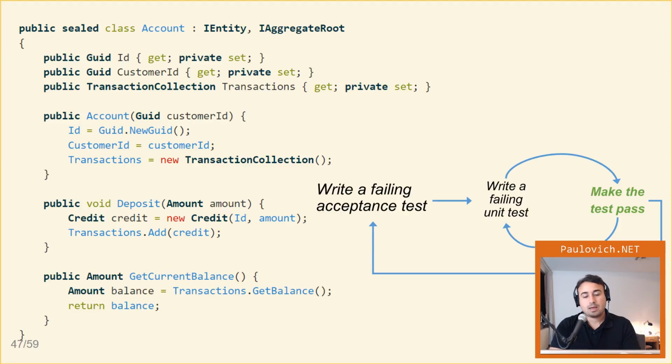Well, after this, you now have these 3 unit tests that are passing, and by consequence that first acceptance test is passing too. So this is the basic workflow of TDD applied to DDD.